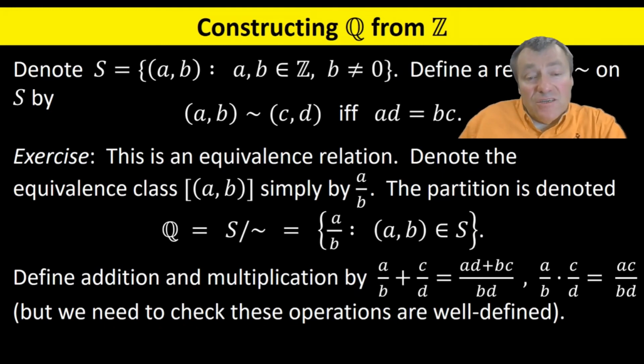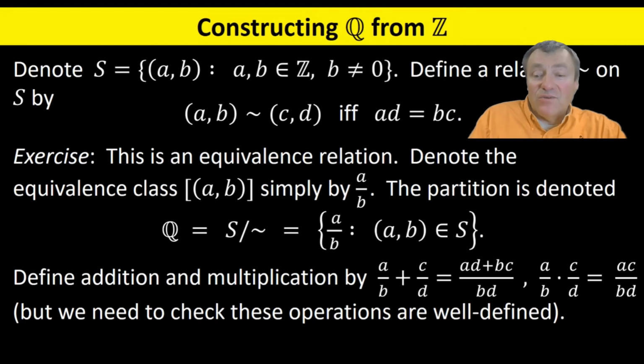Well, you can actually define addition and multiplication of fractions. And you know what the formulas should be, but then you've got to check that they actually work, meaning that you've got to check that these operations are well defined. And after that, you've got to show that they satisfy the properties to be a field.